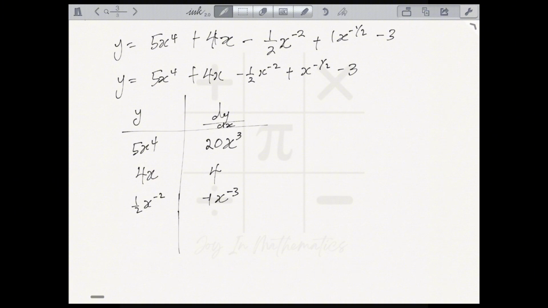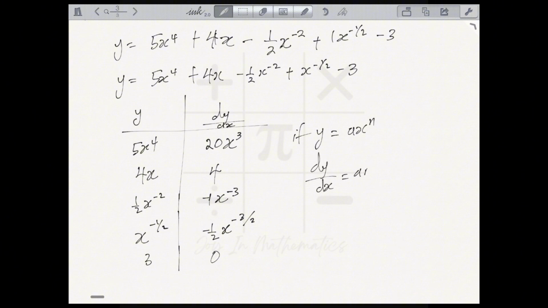And if we differentiate x raised to power half, we have 1 over 2 x raised to power minus 1 over 2. And when we differentiate 3, we will have a constant. All is in the application of the law that if y is equal to ax raised to power n, then dy/dx is anx raised to power n minus 1.